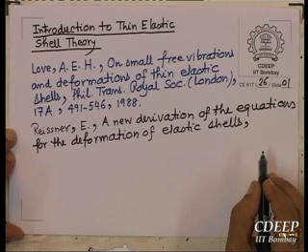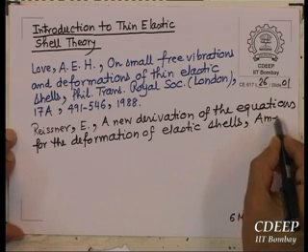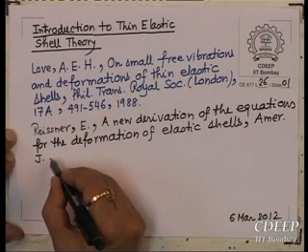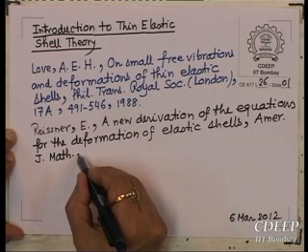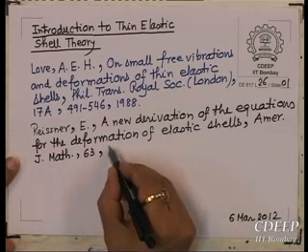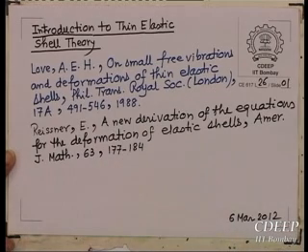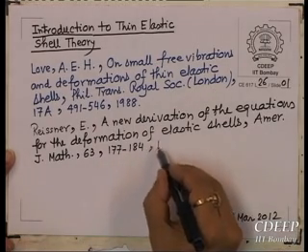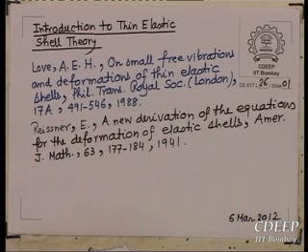This was published in the American Journal of Mathematics, volume number 63, pages 177 to 184, not very long, in 1941. Later on, Love also wrote a book, a treatise, much later.